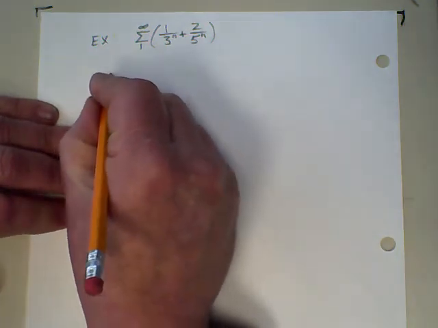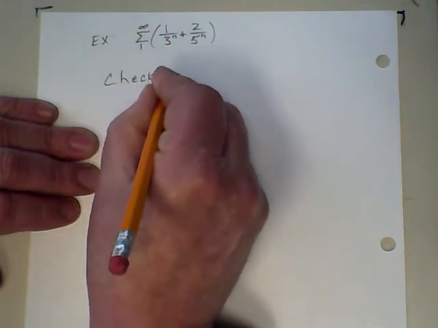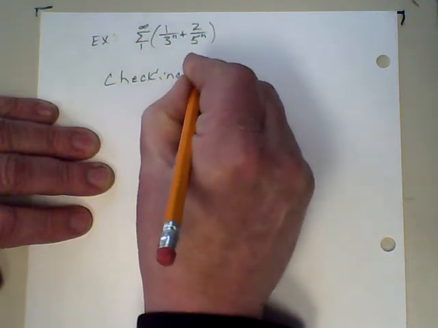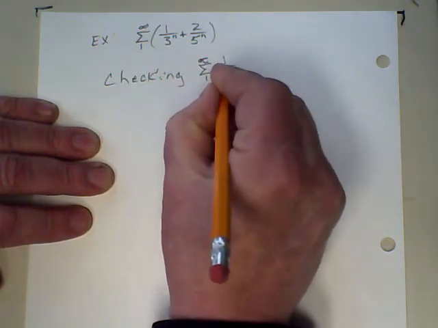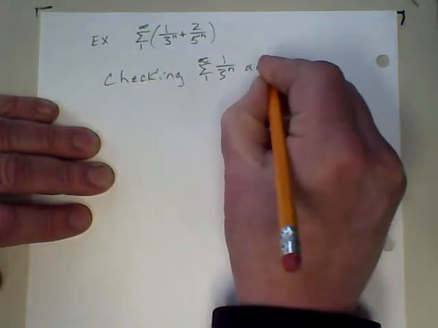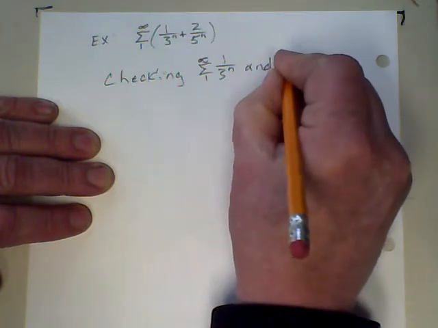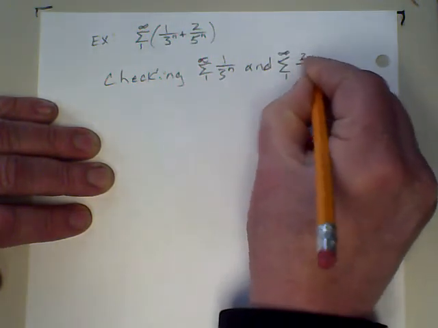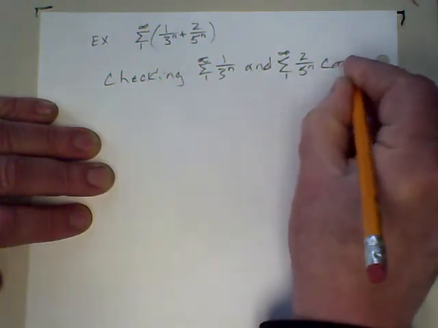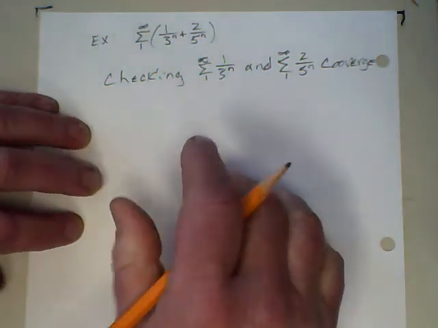So let's start out by checking to see if the series of 1 over 3 to the n converges and the series of 2 over 5 to the n converges. So let's see if these converge. Okay.